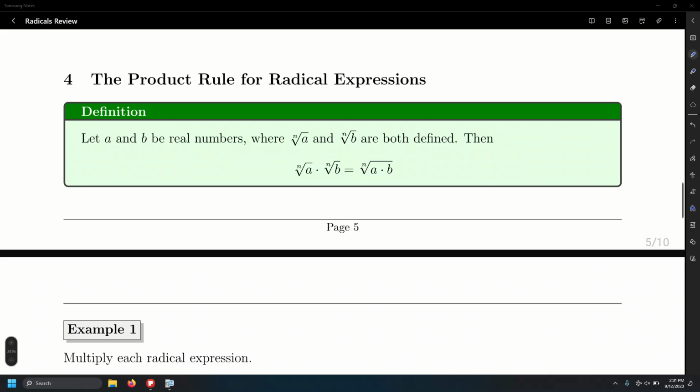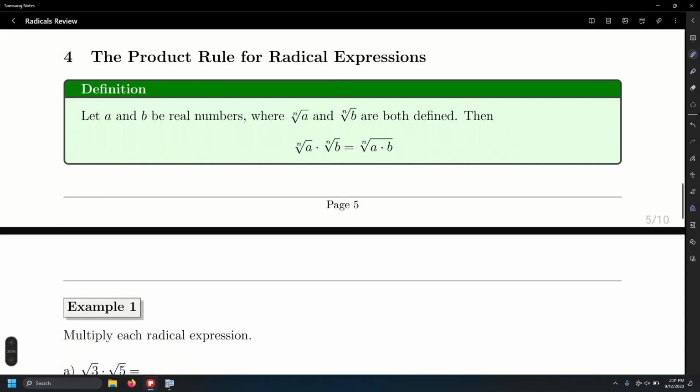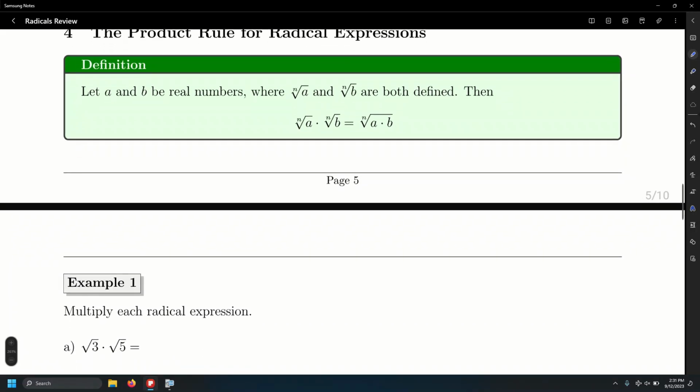And we're going to see this in action with a few examples here. So, for instance, multiply each radical expression. What do we have? The square root of 3 times the square root of 5. All we're going to do is write this as the square root of 3 times 5.